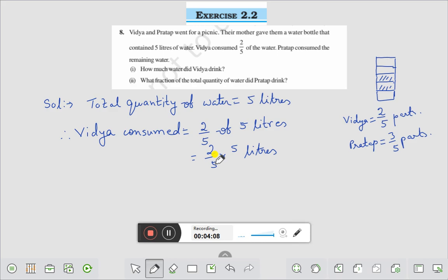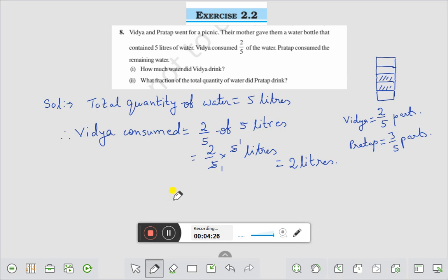If we change into lowest terms, 5 ones are 5, that comes to 2 liters. That means Vidya consumed 2 liters of water.